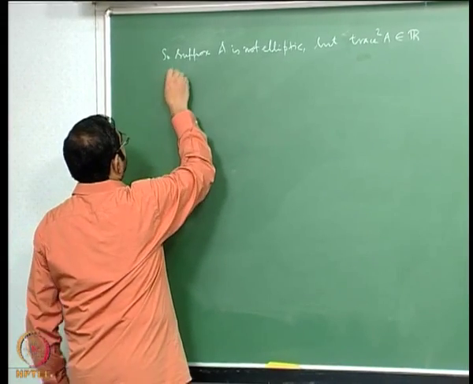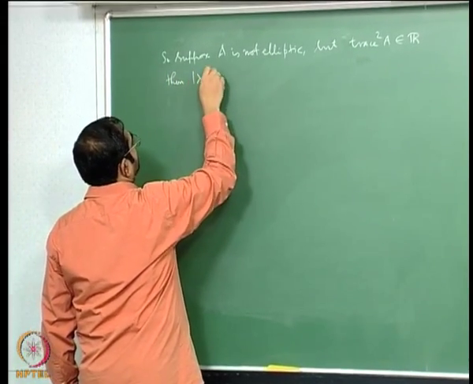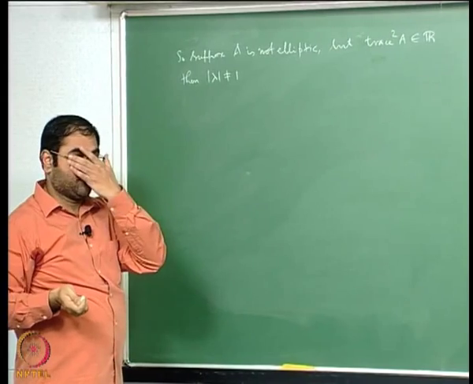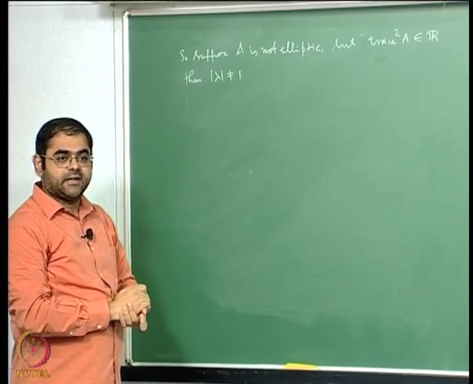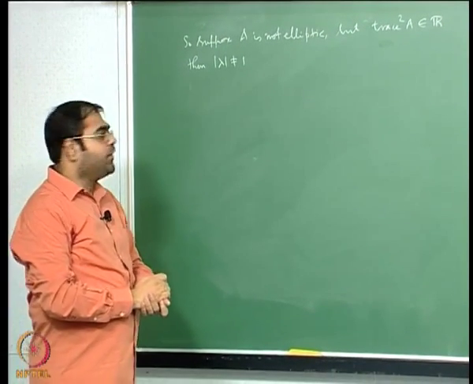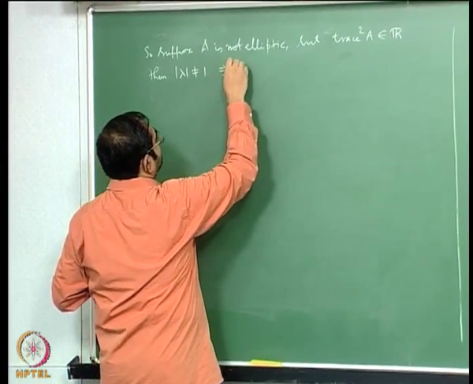Then mod lambda is not equal to 1 because A is not elliptic, because we have proved just now that mod lambda being 1 is exactly the case when A is elliptic. So mod lambda not equal to 1 will imply that lambda is real.